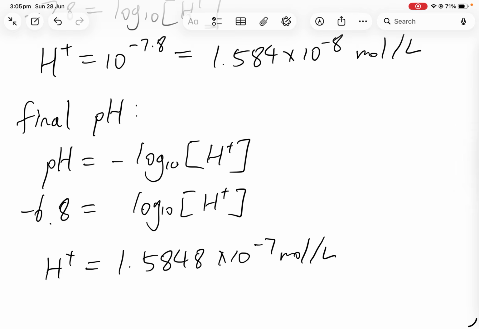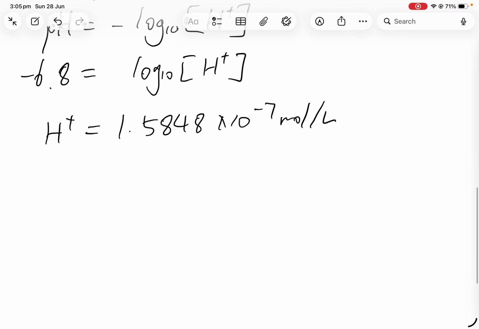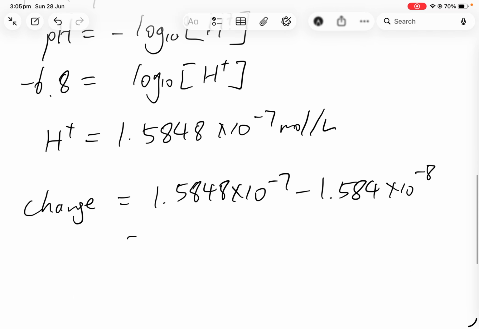We want to find how much has been changed, so then we can figure out the volume of extra hydrogen ions that have been added, so the concentration increase. So the change is equal to 1.5848 times 10 to the power negative 7 minus 1.584 times 10 to the power negative 8.